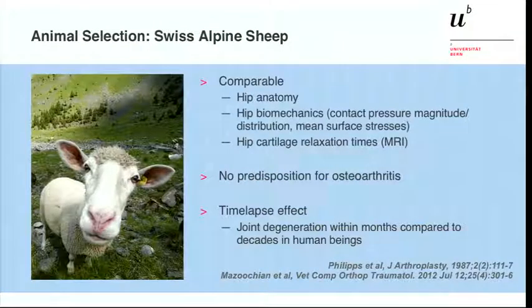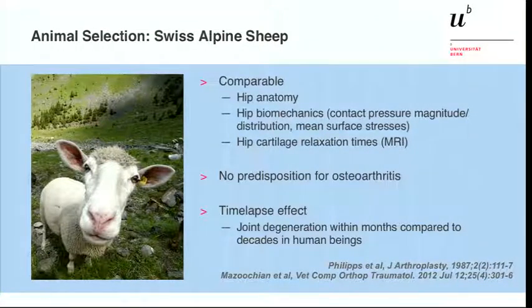Why did we choose the hip in the sheep model? The sheep actually has a comparable hip anatomy. Interestingly, it also has comparable hip biomechanics regarding contact pressure magnitudes and distributions, and also the mean surface stresses. And regarding radiology, they have comparable hip cartilage relaxation times.